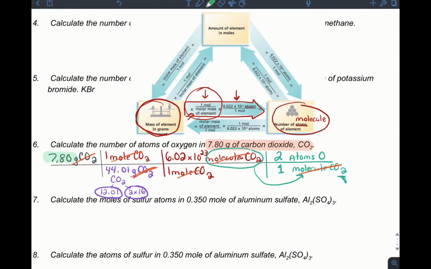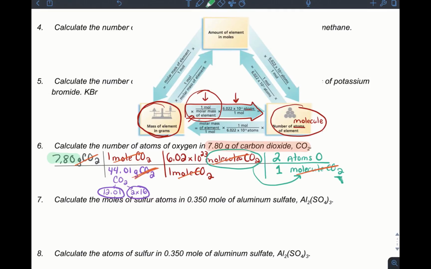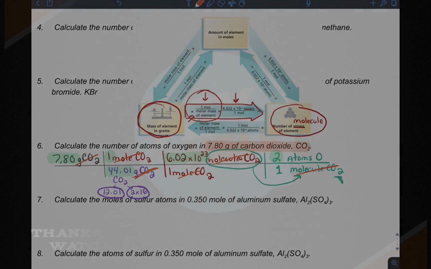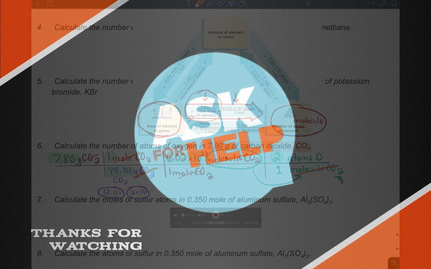You take your 7.8 times 1 times 6.02 times 10 to the 23rd times 2 and hit the equals button. Then we're going to divide that by what's on the bottom. So you divide that by 44.01, press the equals, and that will be your answer. Okay, record that, and then we'll move on to the next one.